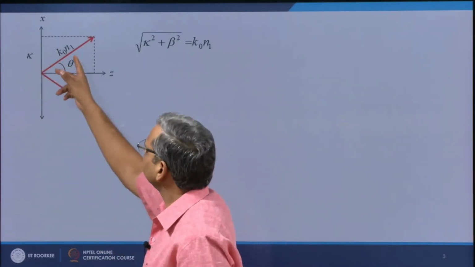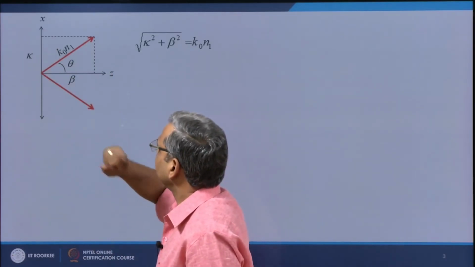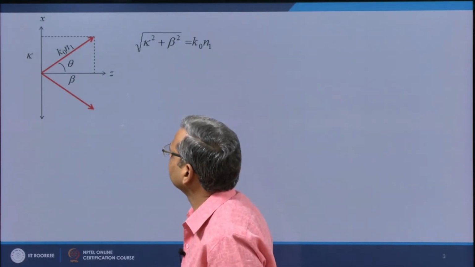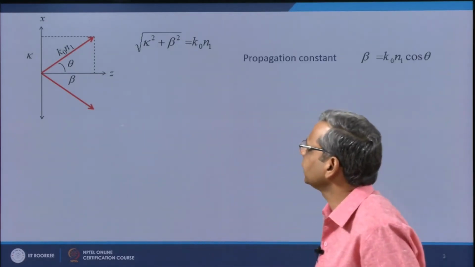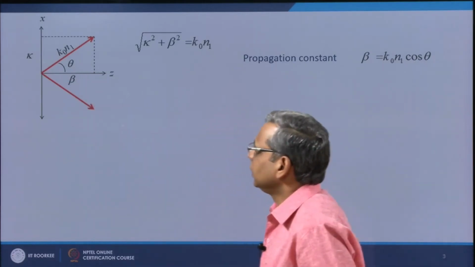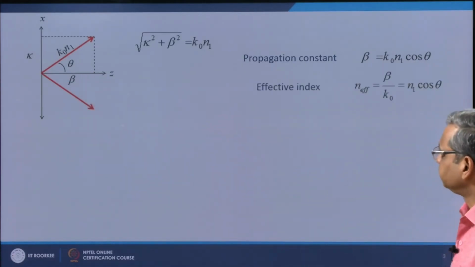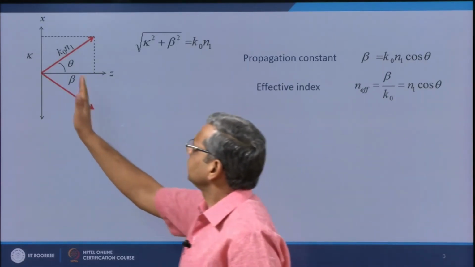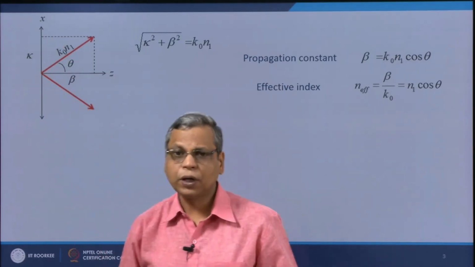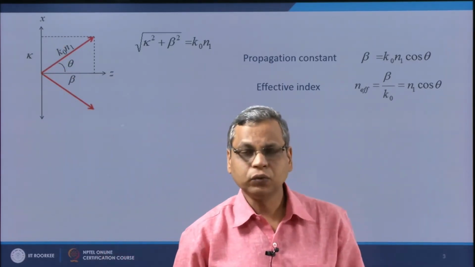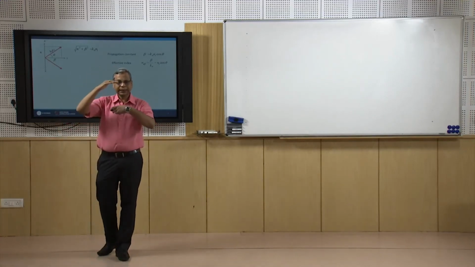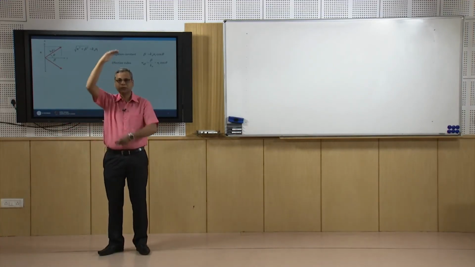If I resolve this in x and z directions, then k naught n1 sin theta will give me kappa. So, it is the component of k naught n1 along x, and beta is the component of k naught n1 along z. In the x direction I get two counter propagating waves, and these two counter propagating waves give me a standing wave in the x direction. So, the energy stands in the x direction, it does not flow out.